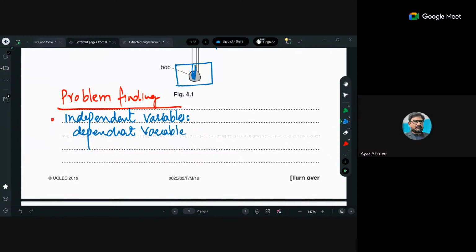So what is the independent variable? The independent variable is the size or area of the sheet attached, or card. Isn't it the independent variable, what you will change?